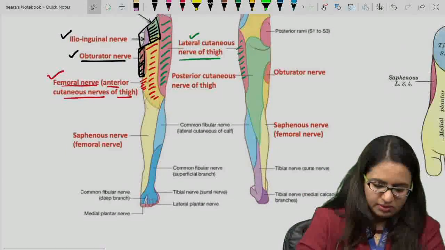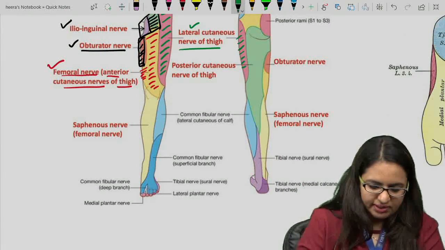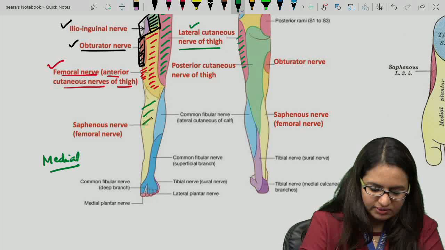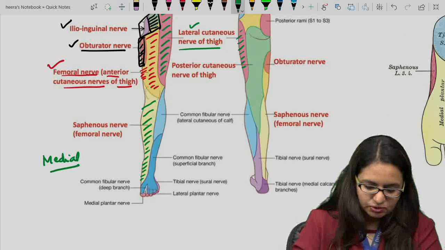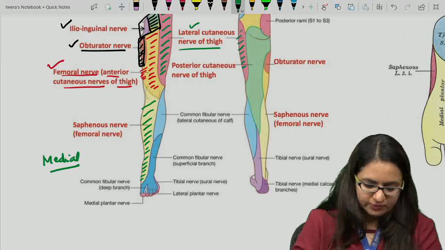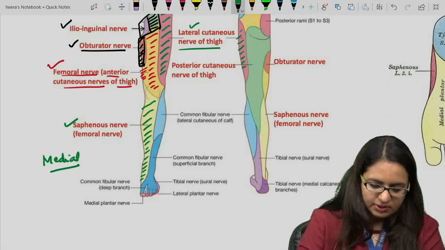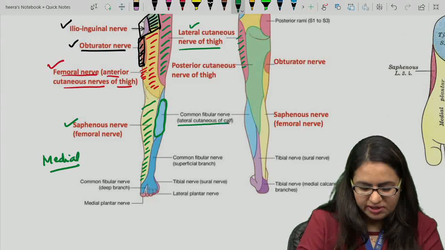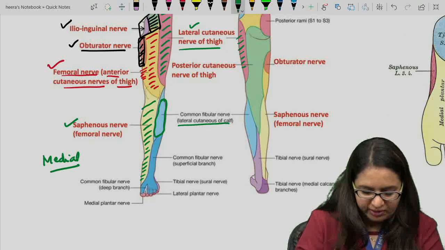As we reach the leg area, towards the medial side, the whole of the leg is supplied by the saphenous nerve, and this supply continues till the medial border of the foot. Towards the lateral side, the upper half is supplied by the lateral cutaneous nerve of the calf, and the lower portion is supplied by the superficial peroneal nerve.